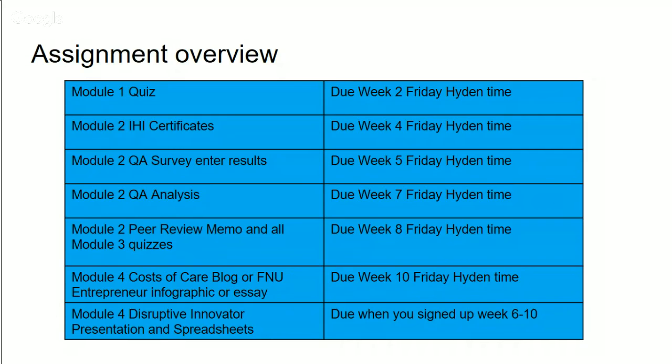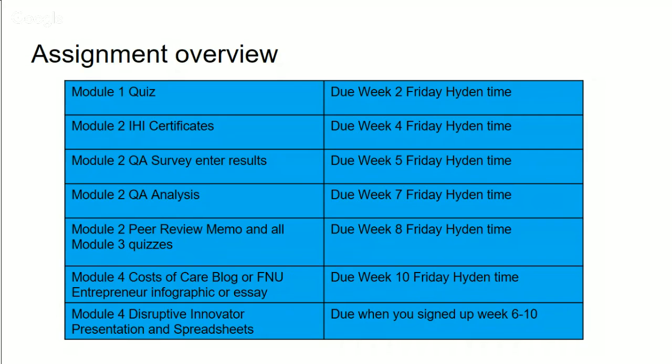All right. Module 4 has 2 assignments. The first one is a cost of care blog or an essay about a Frontier Nursing University alumni who is an entrepreneur. This can either be in narrative form or an infographic.